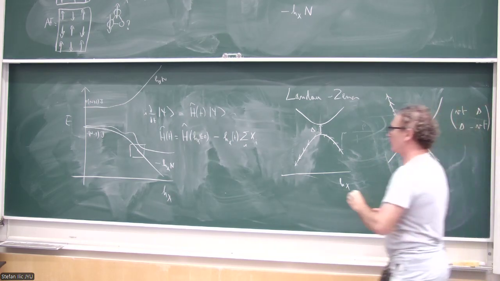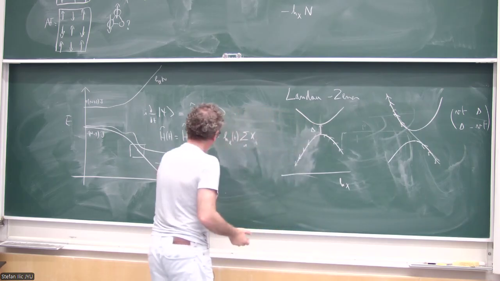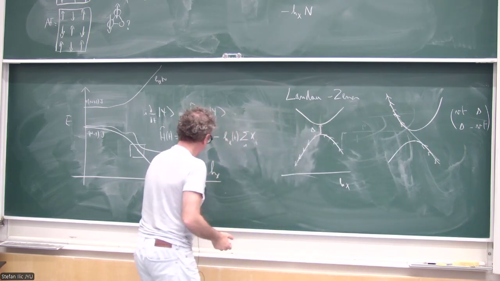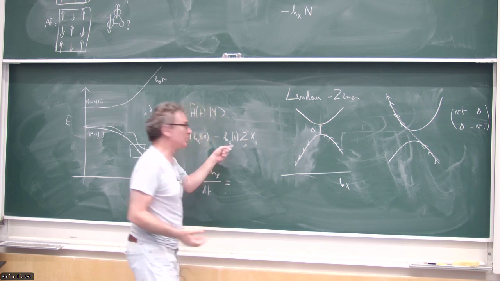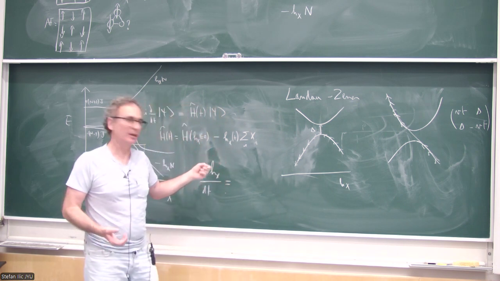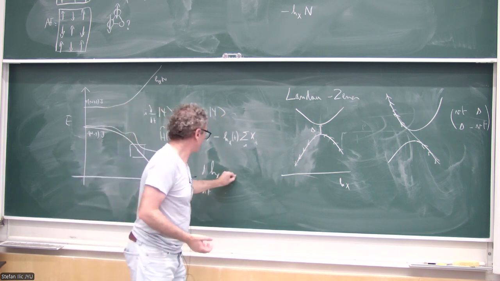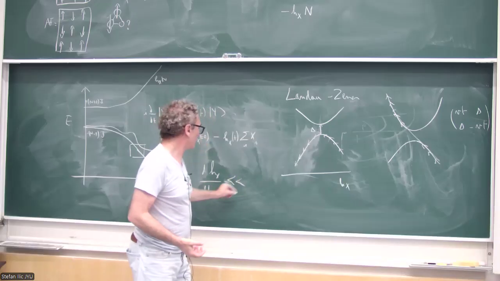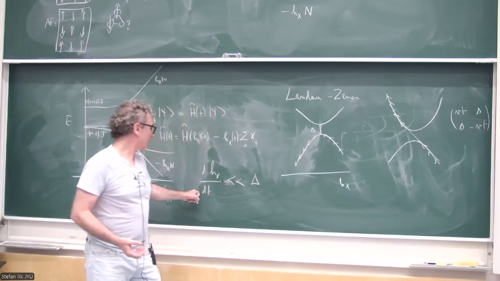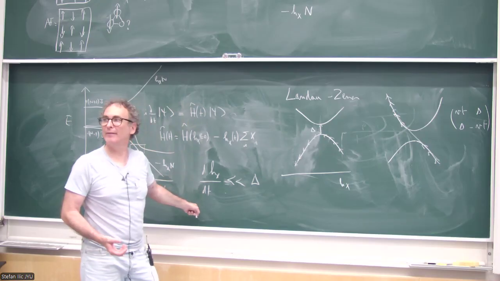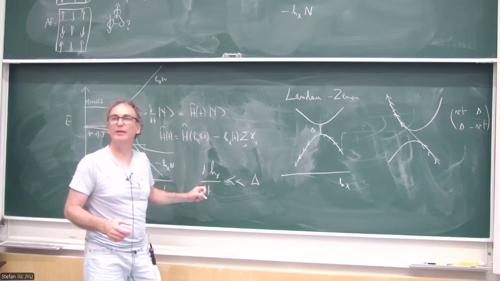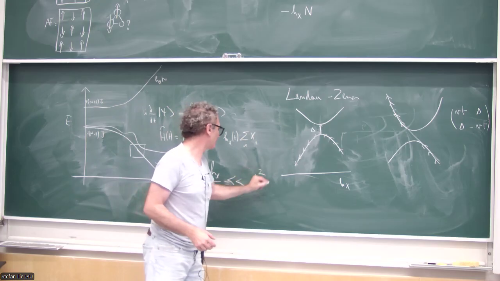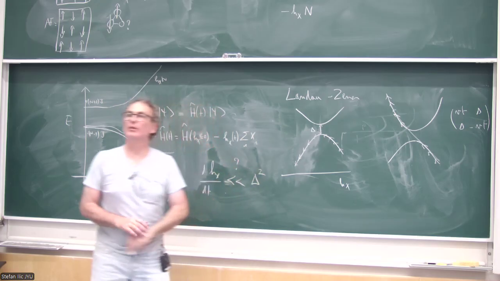So really the question is whether dHx over dt, the rate at which you're varying the transverse field, is small with respect to, so this is an energy squared, h bar equal to 1. So is it small or not with respect to the gap?